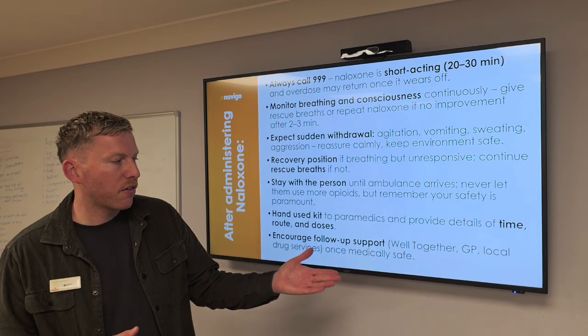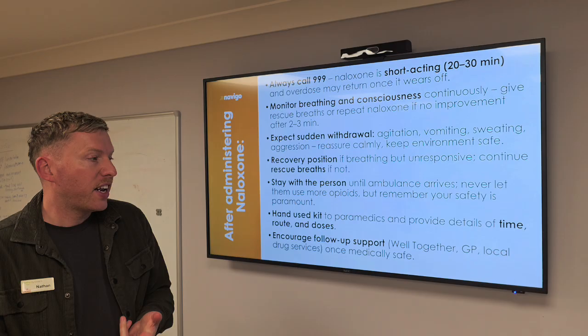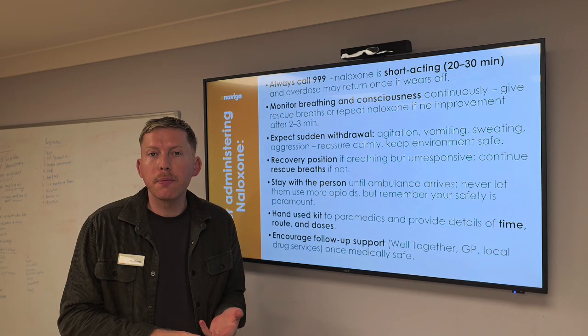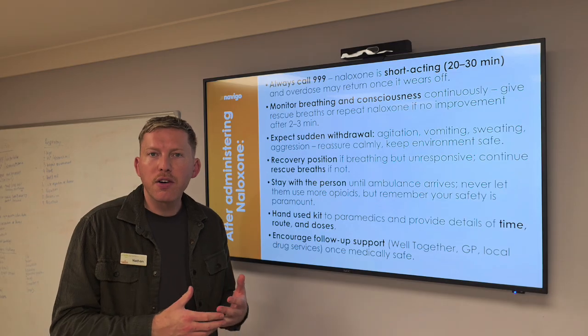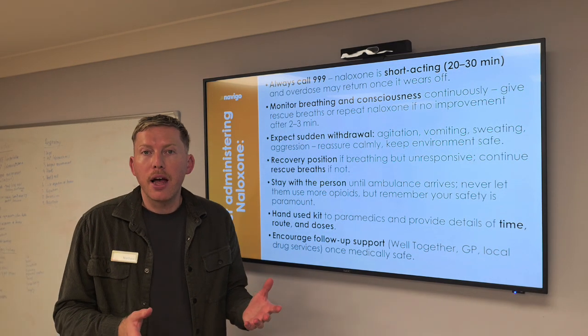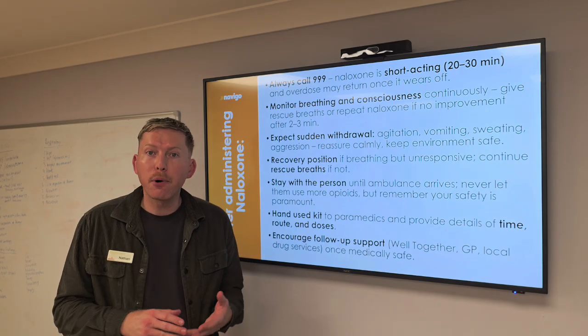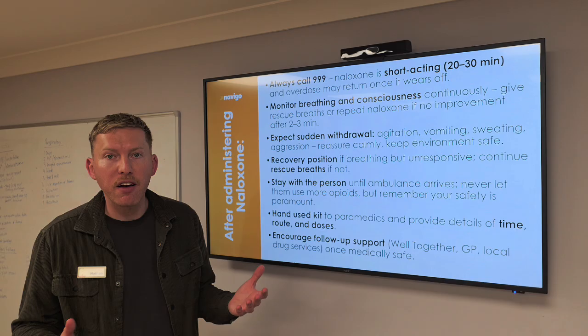Do they need onward referral to somewhere like myself, dual diagnosis support, or do they need follow up with a GP or local substance services for some interventions around their substance use? Could be a formal intervention package such as rehab, but it could be something basic as harm reduction, a bit of education, which is available locally.